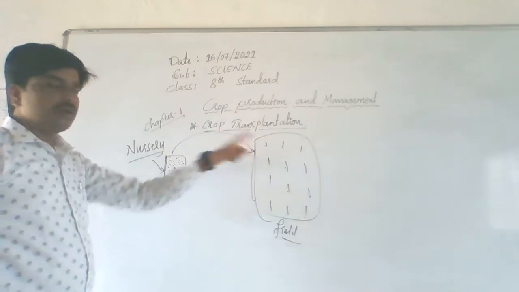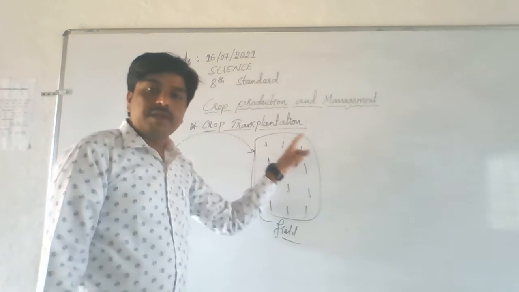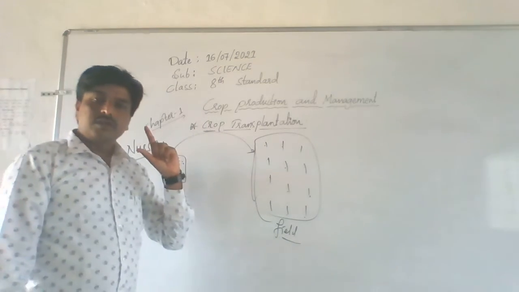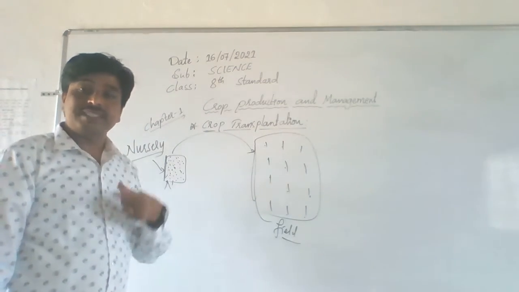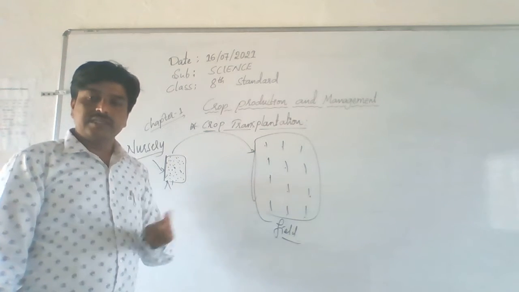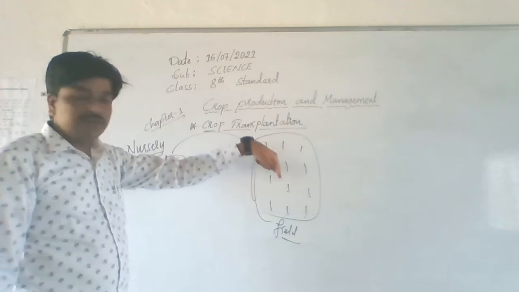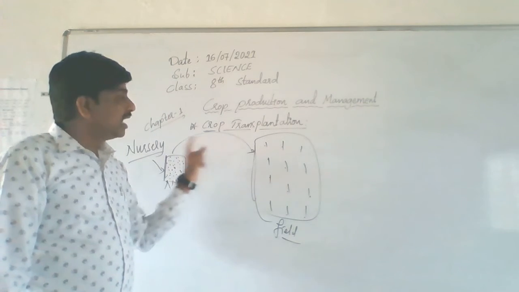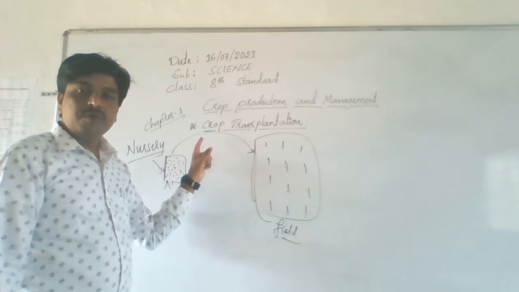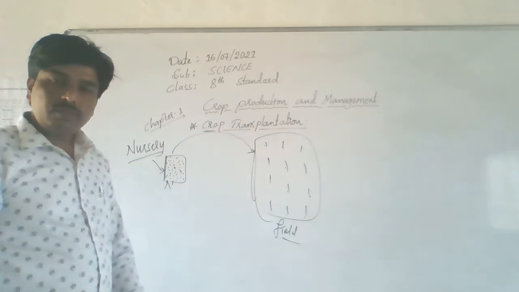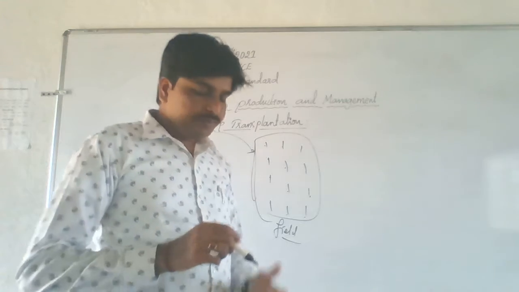So this is what we call crop transplantation. Either you can say the method of transferring seedlings, or germinated seeds, from the nursery to the main field, that method we call crop transplantation. Yes or no, students? Very clear.